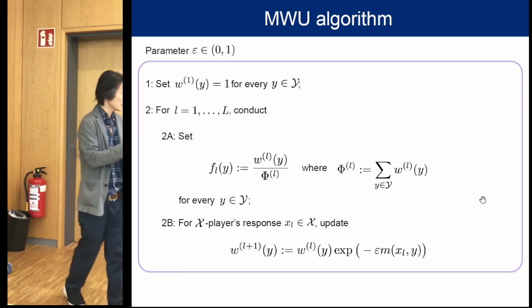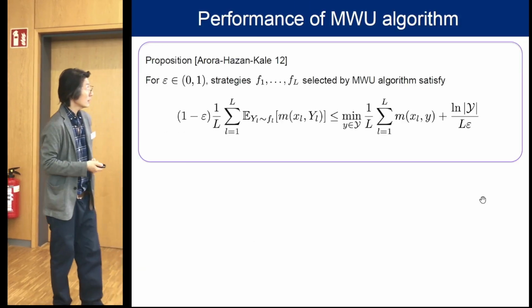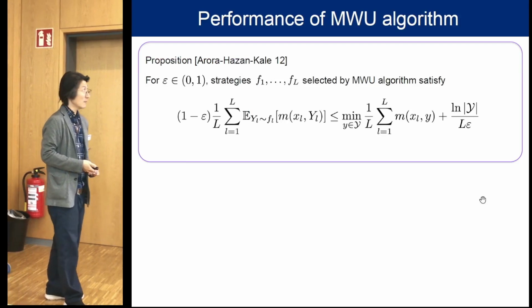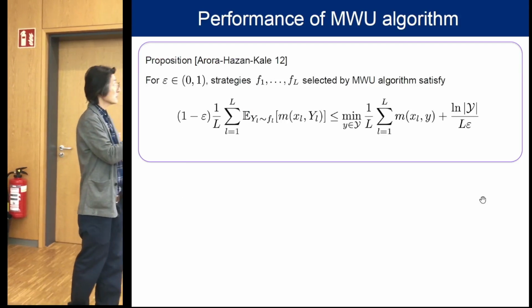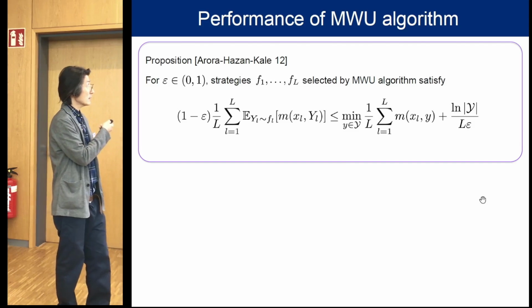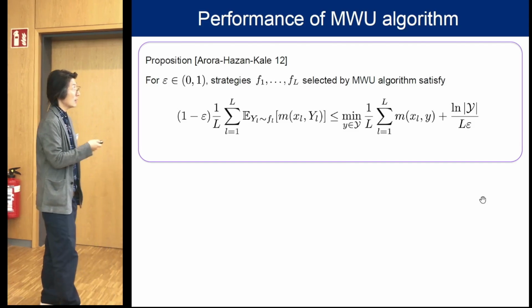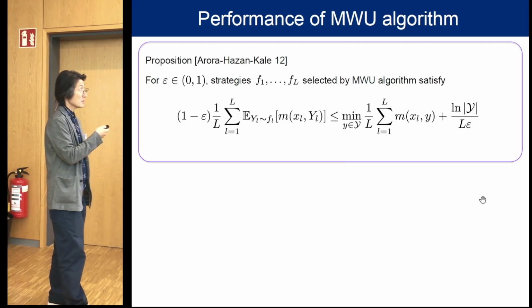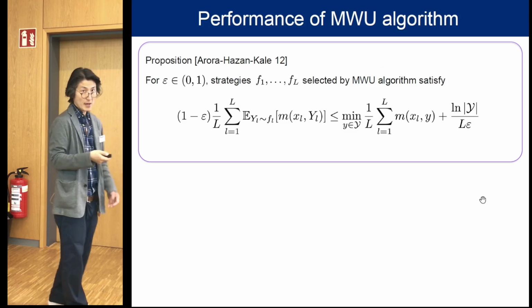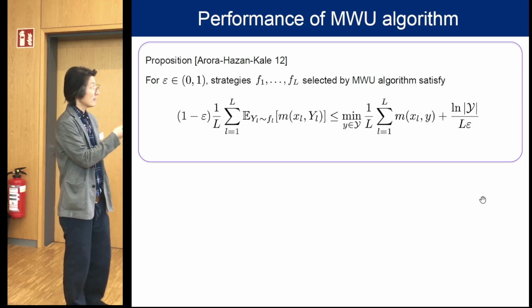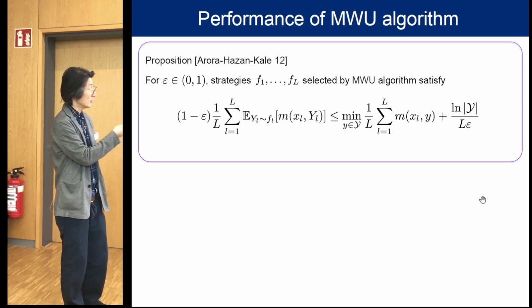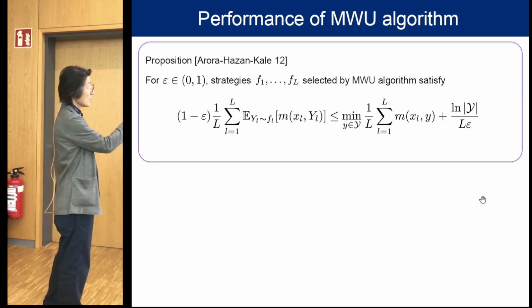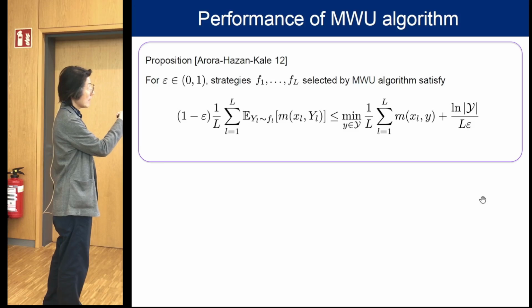The algorithm is quite simple. And this algorithm has the following guarantee. For given error parameter epsilon, the mixed strategies f_1 through f_L selected by MWU algorithm satisfy this bound. The left-hand side is 1 minus epsilon times the average cost of Y player.